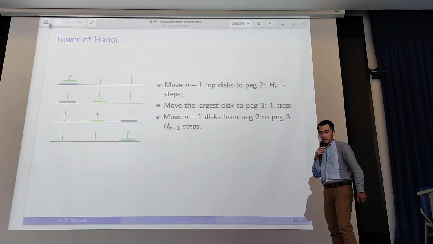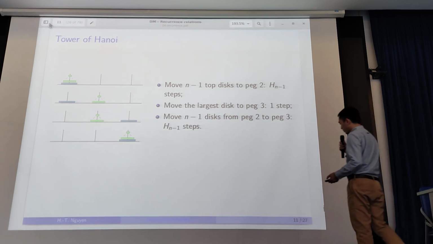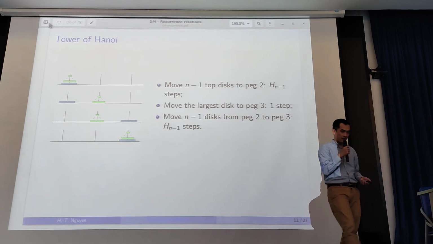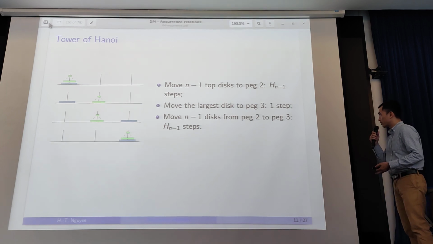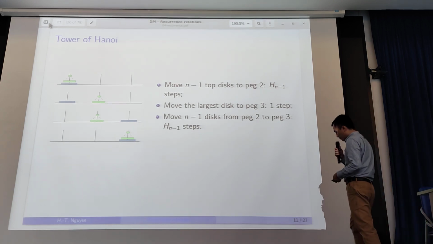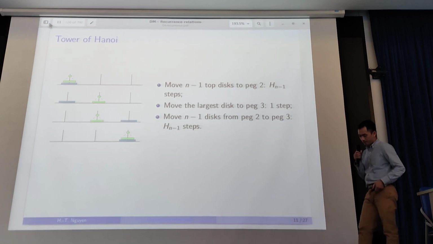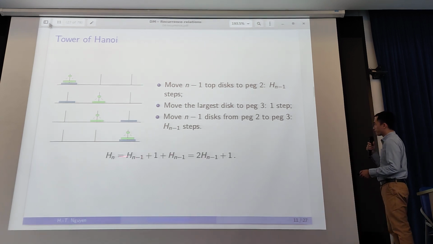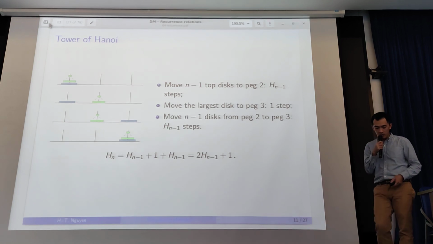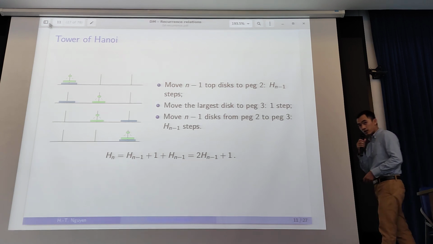So assuming that each time we do it the optimal way, with no unnecessary step, in the fewest number of moves possible, then from here to here we need H(n-1), which was the optimal number for n-1 discs, then we need 1 to go from here to here, and then another H(n-1) from here to here. Okay? So if we take the sum, we conclude that H(n) is equal to 2 times H(n-1) plus 1.